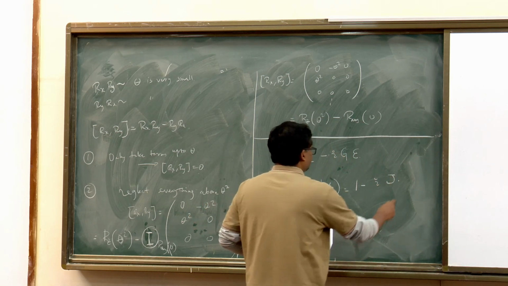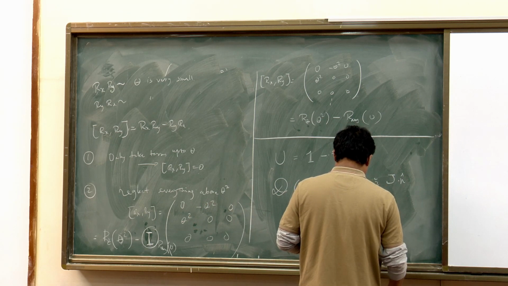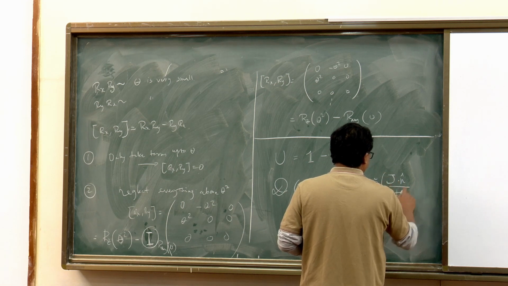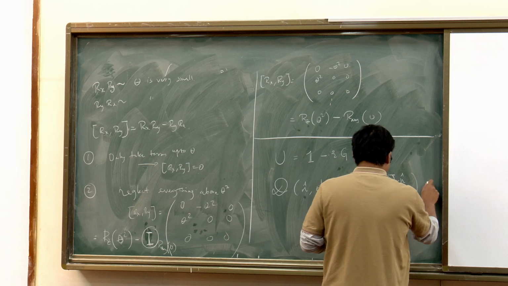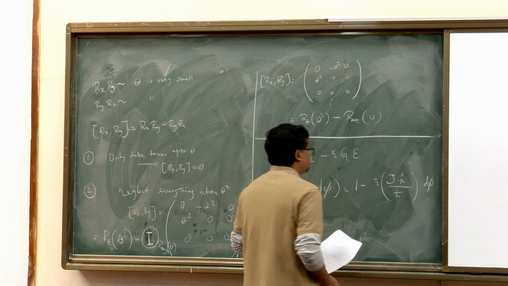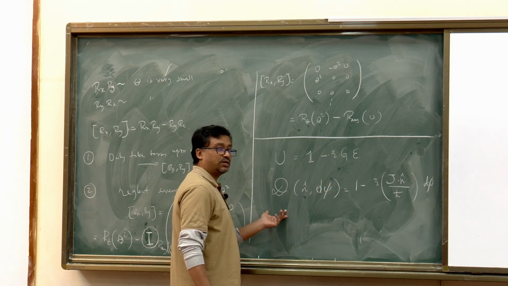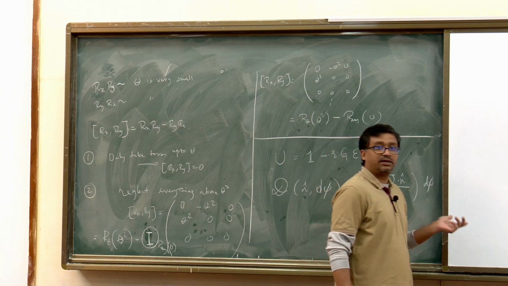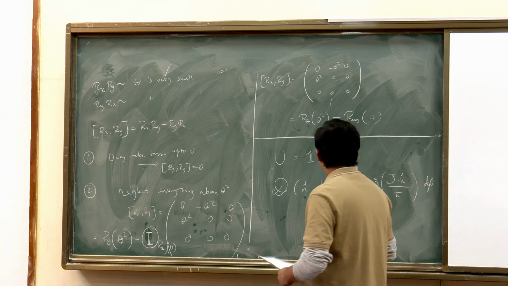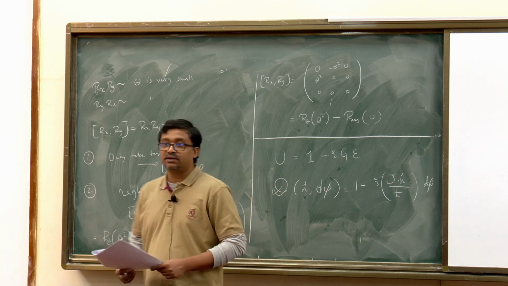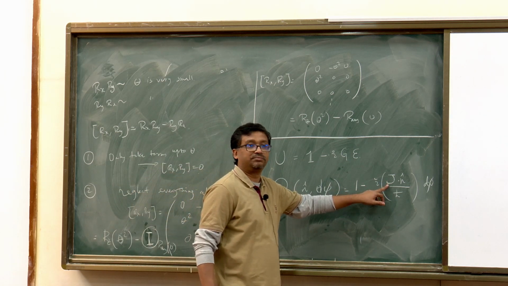So this is J dot n, and h bar is to make sure that units are correct, and you have the angle d phi. So that is the rotation operator for infinitesimal rotation. If the rotation is very small, that would generate rotation from angular momentum.